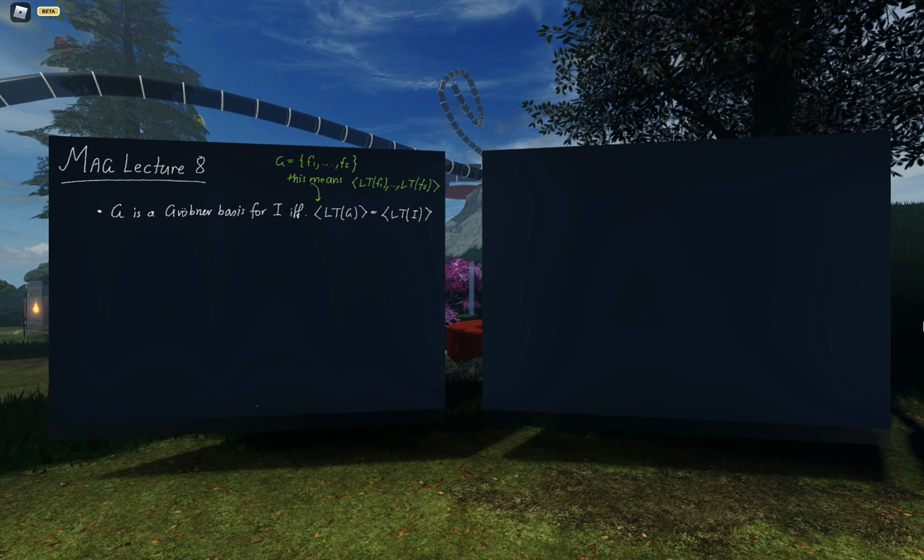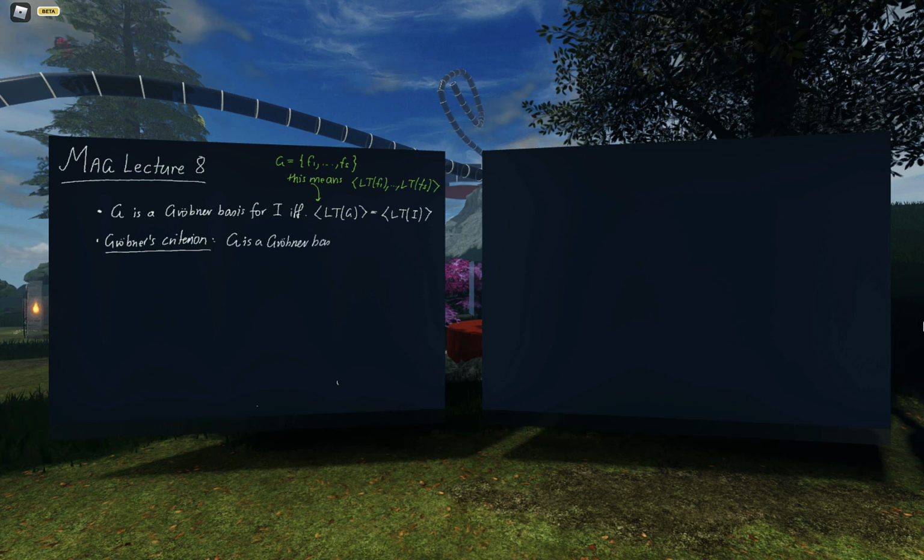Okay, so that's the condition to be a Gröbner basis, and Buchberger's criterion, which is the hard part of the Buchberger algorithm, which we proved last time, says that G is a Gröbner basis.